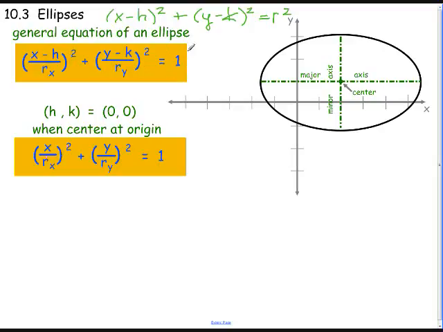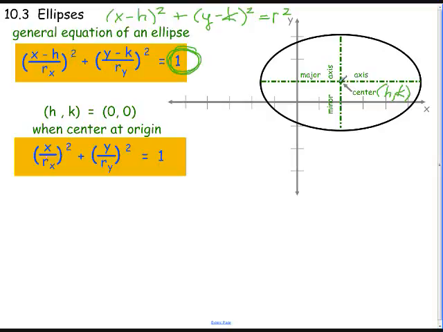Now things have changed in that we force this to be a 1, and we have underneath here the lengths from the center. Here's our major axis, the length from the center to the ellipse, and for the minor axis, right along here. The center is hk, just like a circle.